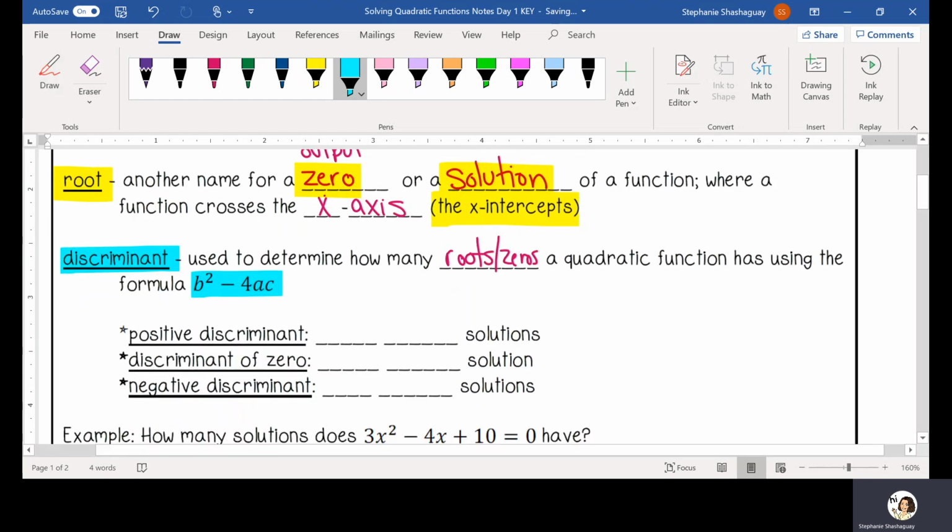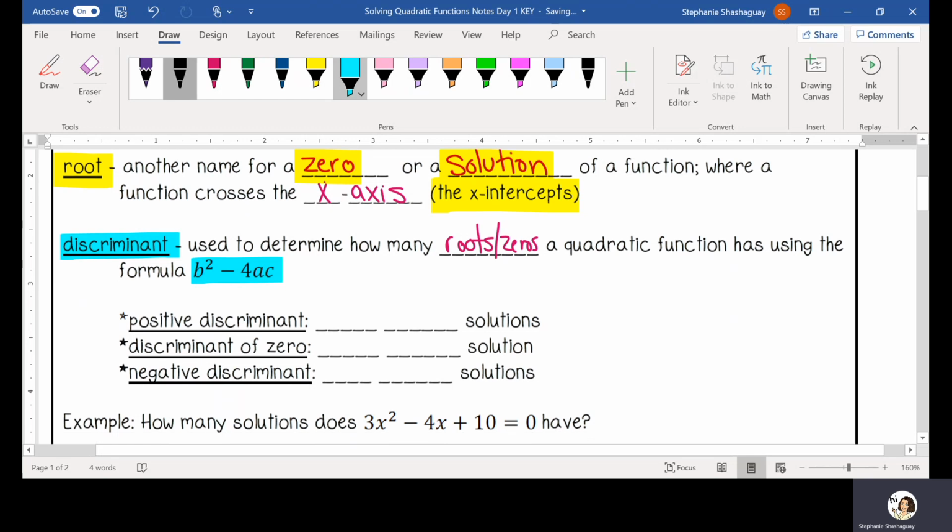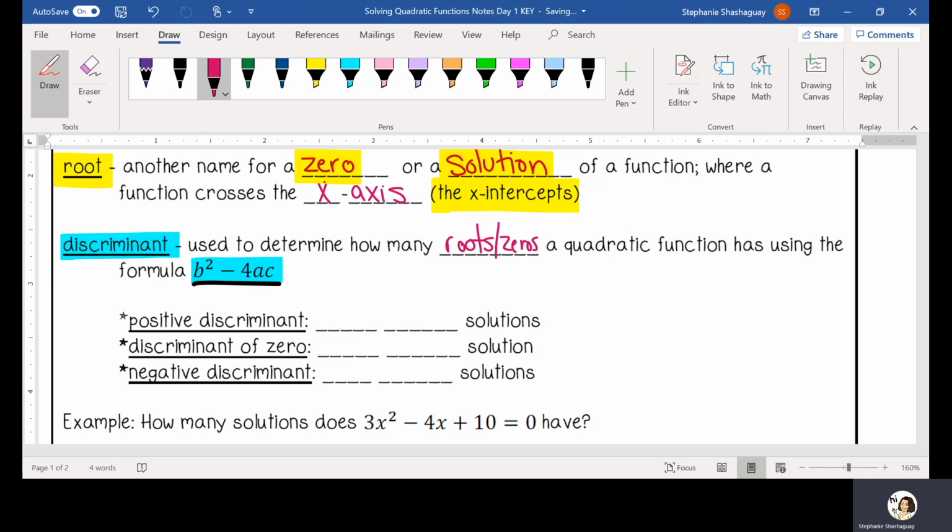So b squared minus 4ac is our discriminant formula that we're going to use moving forward to determine how many solutions. So if there's a positive discriminant, then there are two real solutions. Okay, positive discriminant, two real solutions.